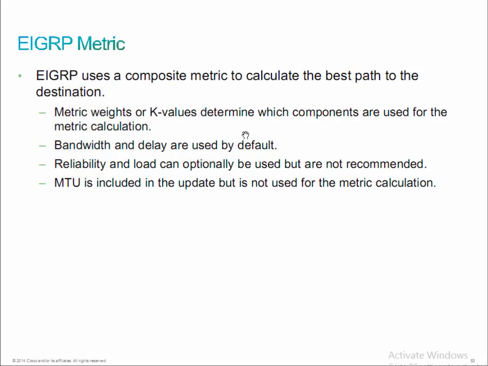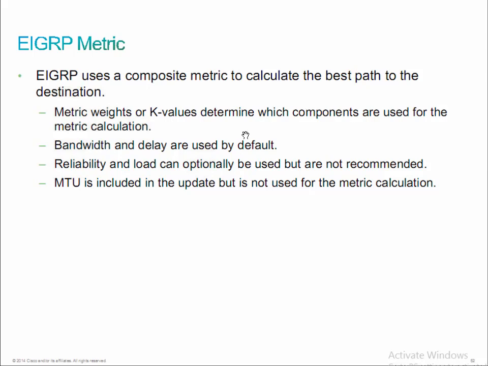I think in the initial onset of implementing the protocol, it was determined that the more granular the metric can be, the more accurate it can represent the path, which is kind of true, but there's only so much granularity you need to make it actually work. So in this case, we just simply rely on bandwidth and delay.